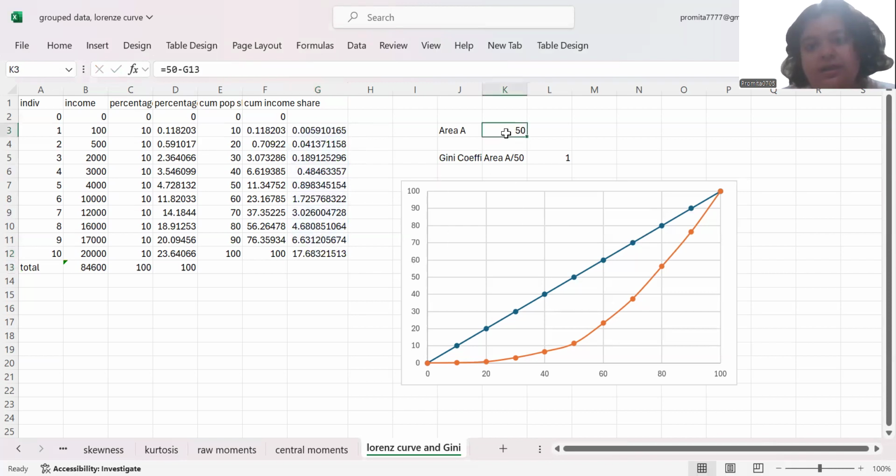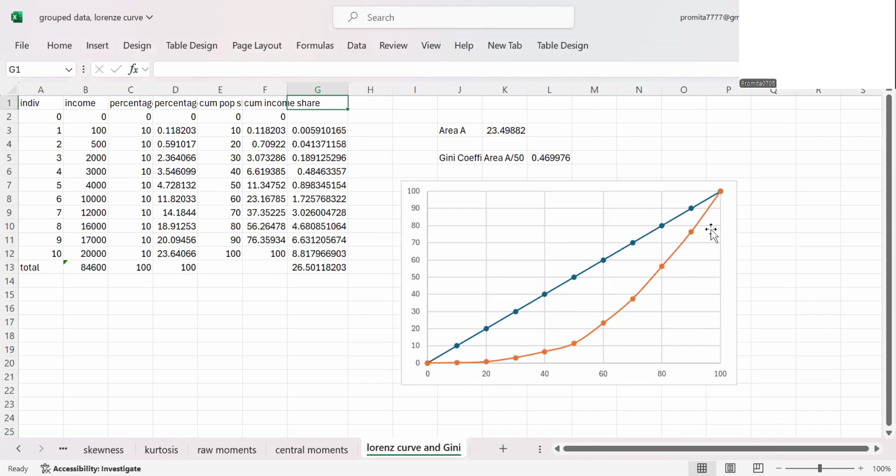We have calculated the area under this orange curve, and this is the total area under this orange curve, which is 26.50.